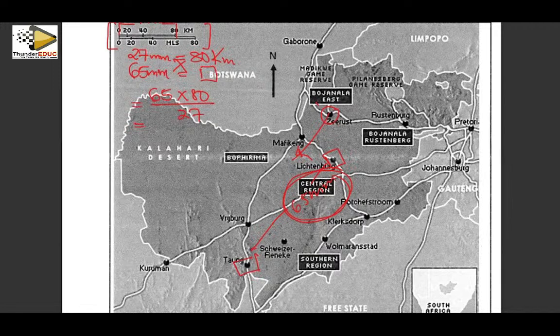Remember, we have 65 times 80, 5,200, divided by 27. So the answer here, I have it as 192.59, which is approximately 193 kilometers.